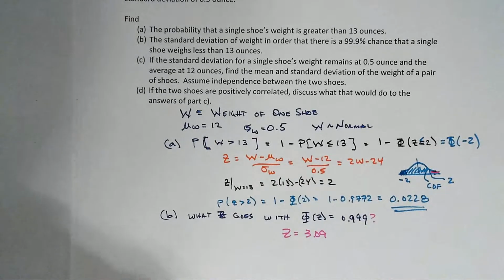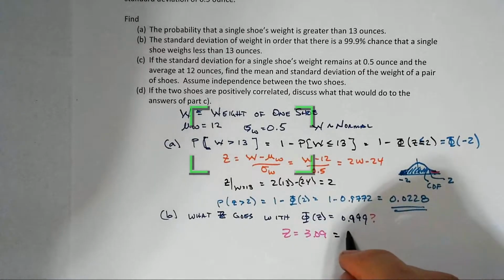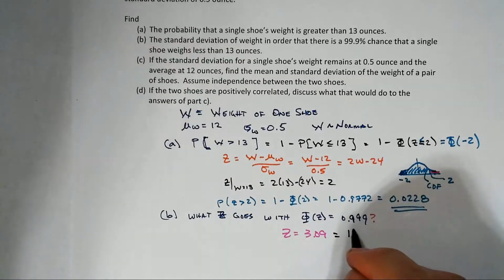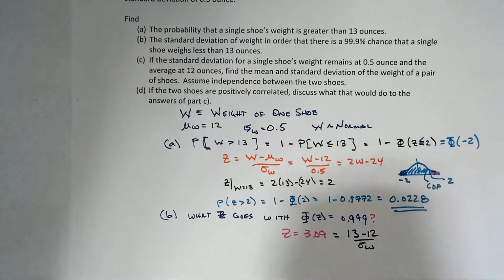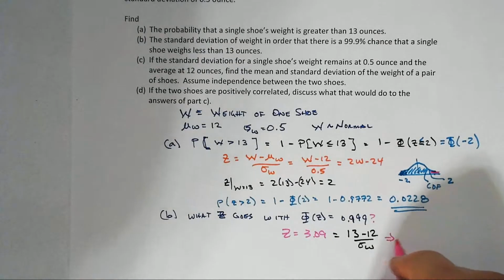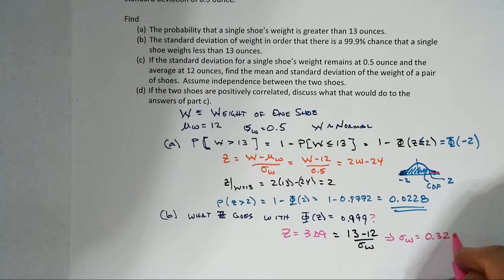And we're trying to solve then, if that's the case, we've got w evaluated at 13. Its mean is still 12, but we don't know sigma w. That's what we're trying to find, and that's where then you'll be able to determine that the standard deviation that goes along with the 99% chance is 0.323.